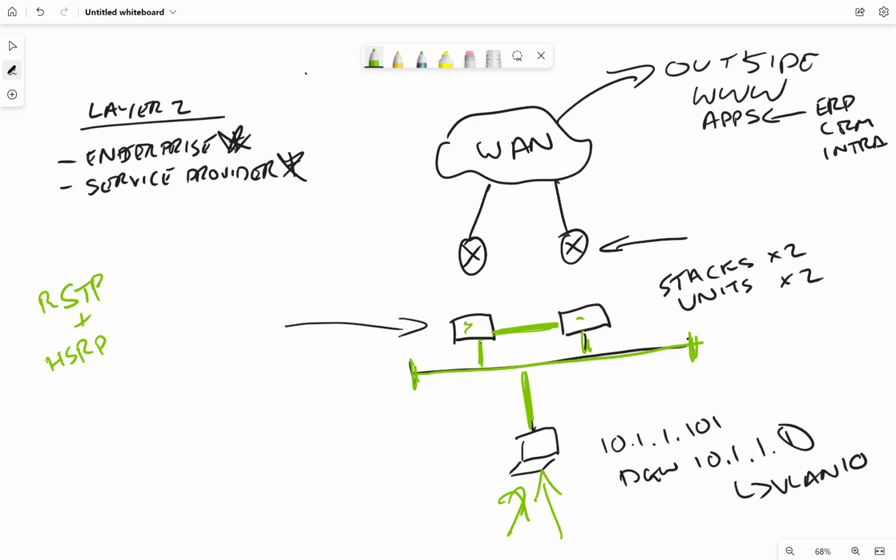And even if we didn't use HSRP, we used spanning tree protocol or rapid spanning tree protocol or whatever as a backup or fail-safe against loops.